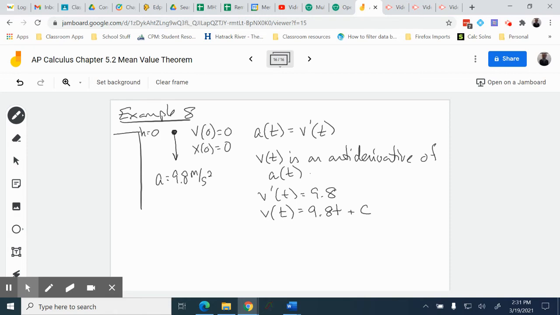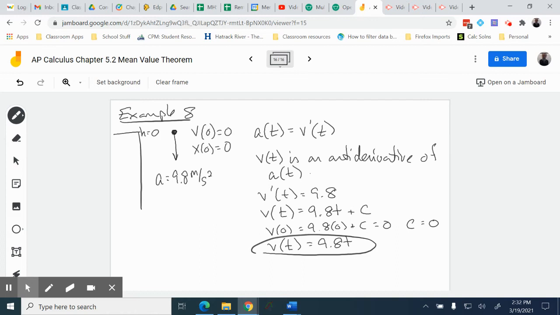So how do we find the constant? Well, we know that v of 0 is equal to 0. So this is 9.8 times 0 plus c is equal to 0, which means that the constant must be equal to 0 in this case. So we can write the equation of the velocity of this particle as 9.8 times time.